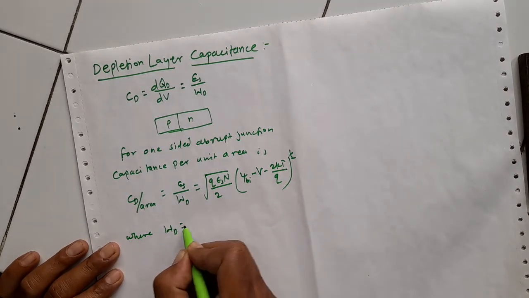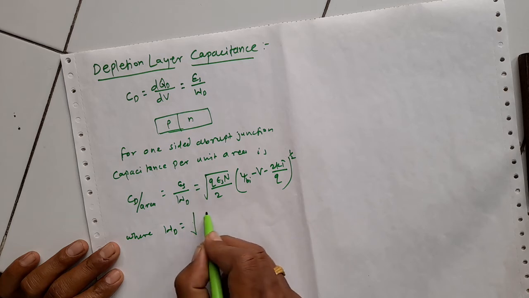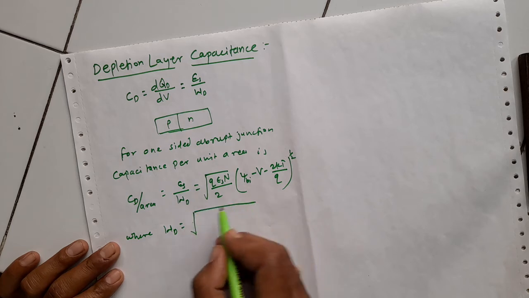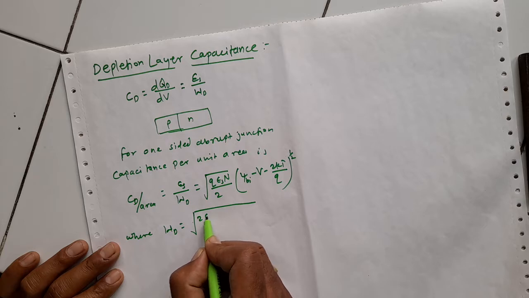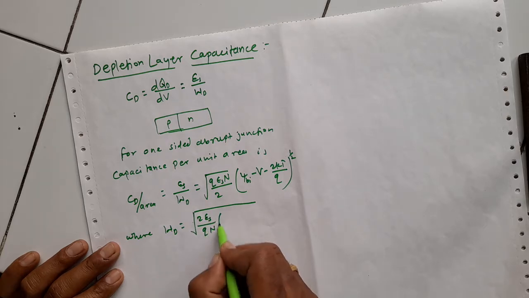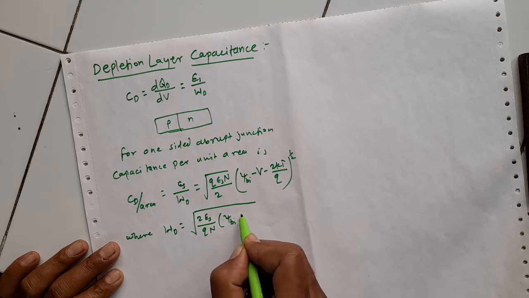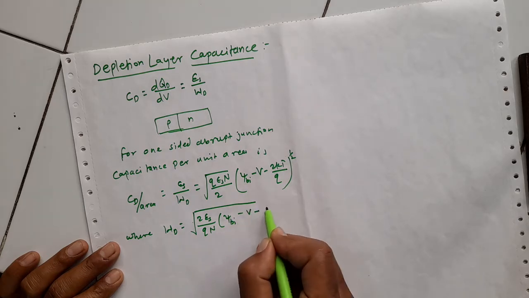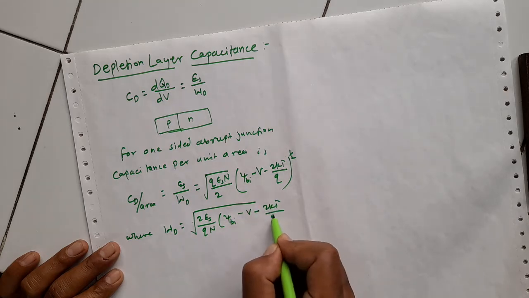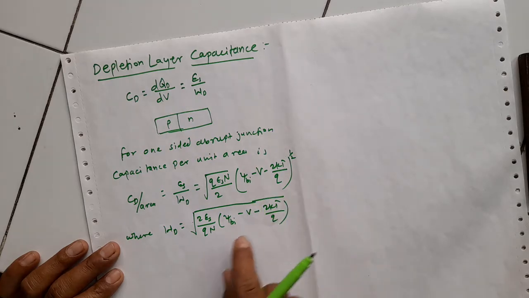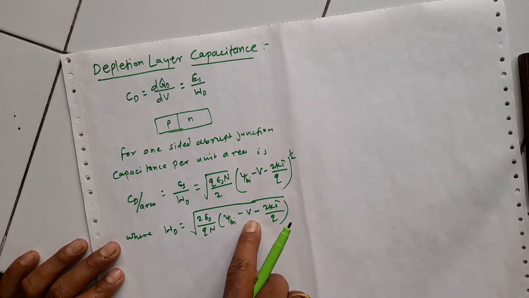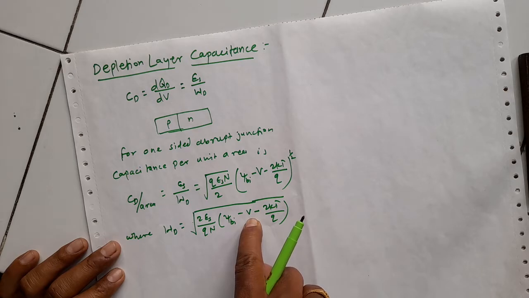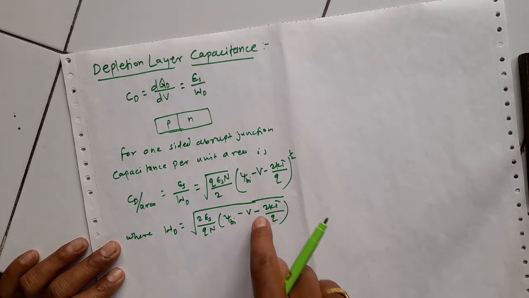W_d is equal to 2 epsilon_s upon qN into psi_bi minus phi minus 2kT by q. Whatever we have seen here, there was no application of voltage, so this phi was 0 in the earlier case. So do remember it.